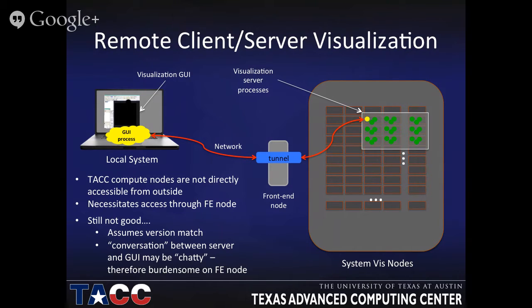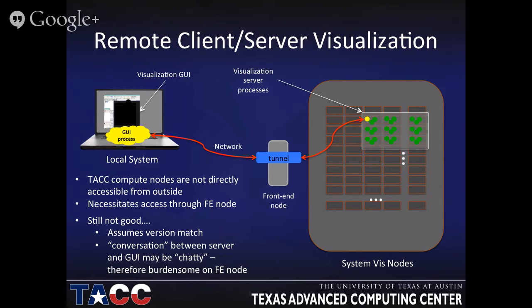We have no control over how much work this guy's having to do. And since we have a relatively few number of these front-end nodes, we can't have tunnels for arbitrary amounts of data going between the outside and the inside world all the time. So our systems people won't let us do it quite this way.